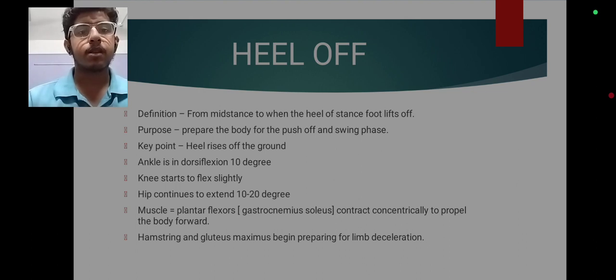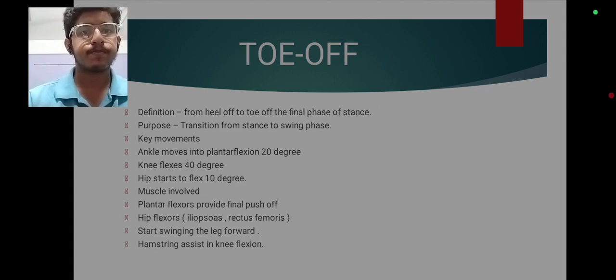The muscles are the plantar flexors, gastrocnemius and soleus, which contract concentrically to propel the body forward. The hamstrings and the gluteus maximus begin preparing for limb deceleration.